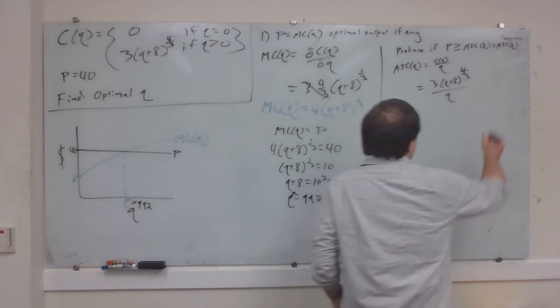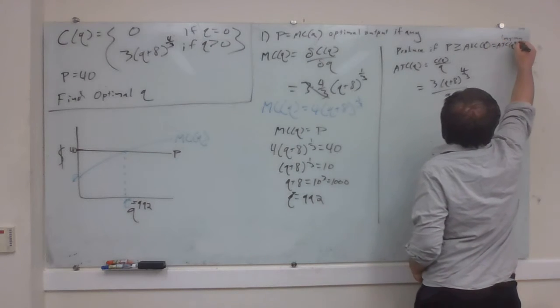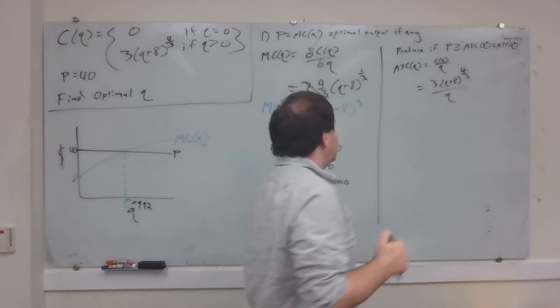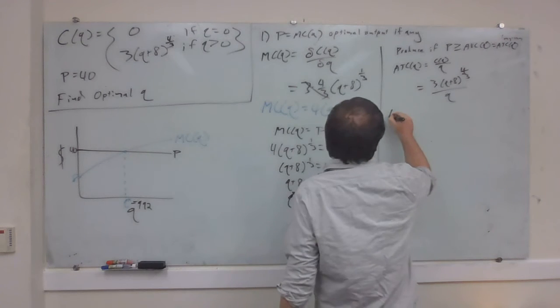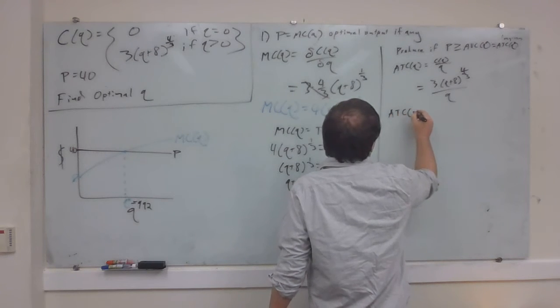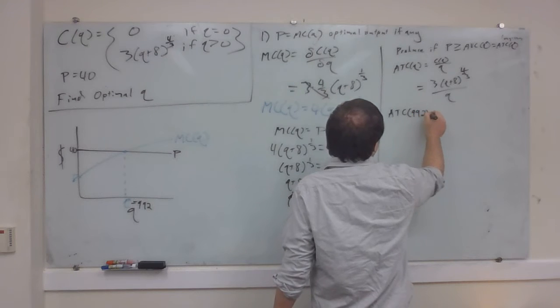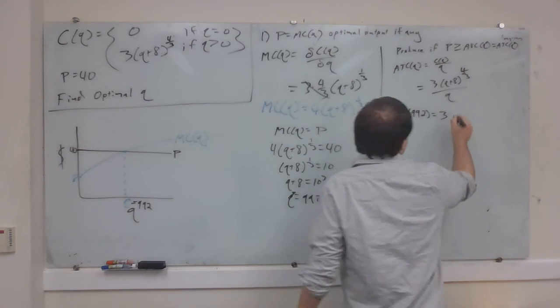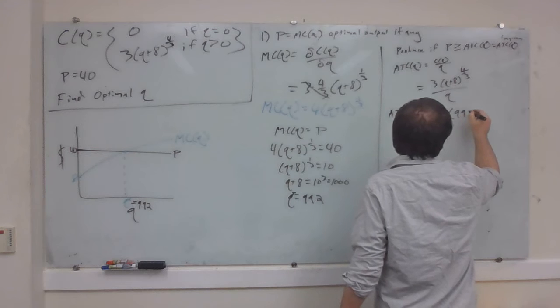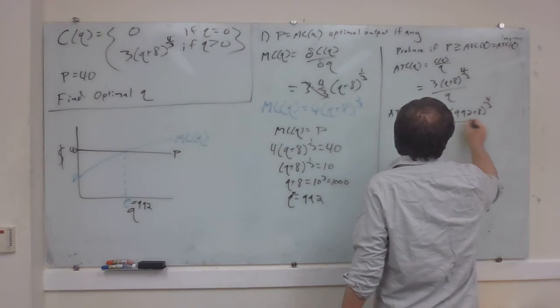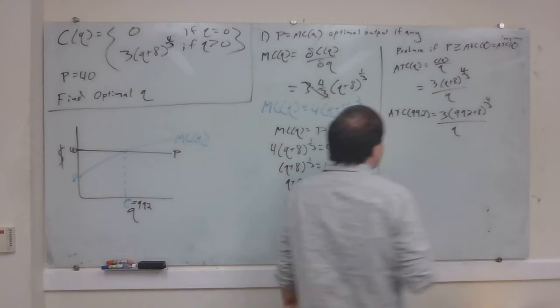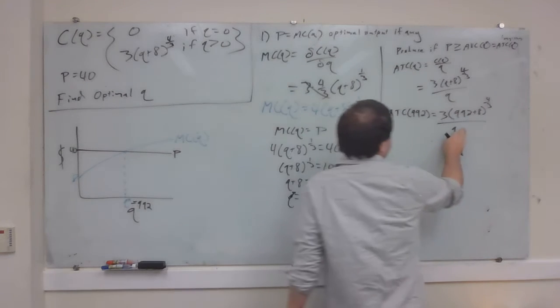Not just at any given Q, but at Q star. So we can simply plug in our Q star of 992 into this expression. So our average total cost of producing 992 units of output is going to be 3 times (992 plus 8) to the 4/3 over 992.